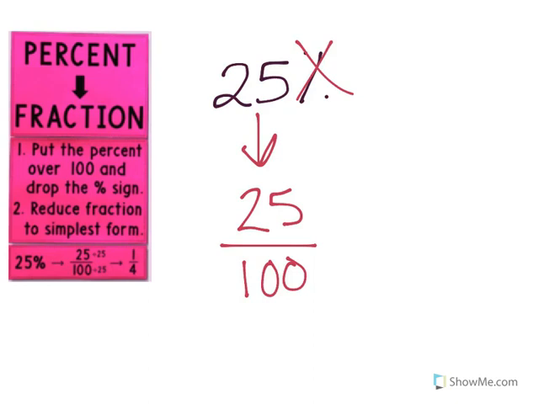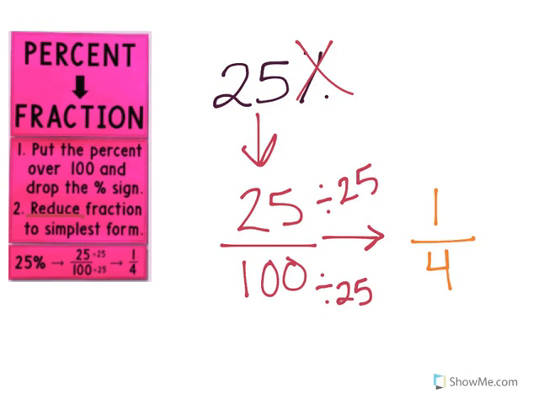So now I have 25 over 100, and now I need to reduce or simplify. So I'm going to divide 25 by 25 and 100 by 25. Why am I dividing by 25? Because 25 is the greatest common factor of 25 and 100. So 25 divided by 25 is 1. 100 divided by 25 is 4.